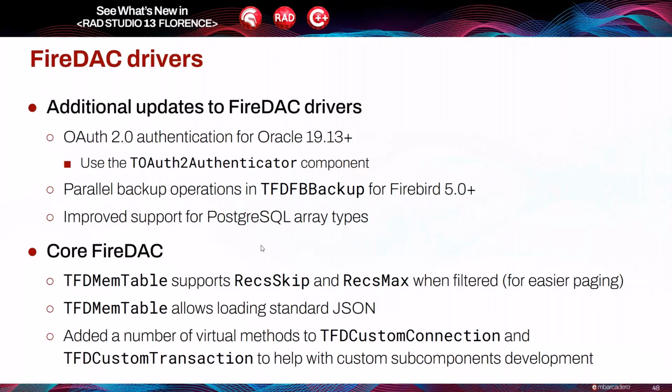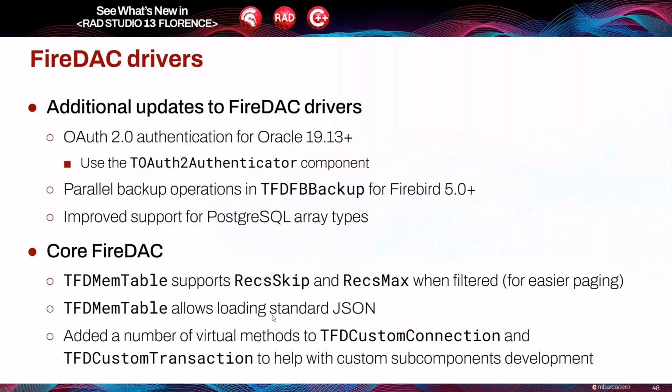We improved support for PostgreSQL array types. On the FDMemTable, now we support RecsSkip and RecsMax for filtering. That's pretty much the properties you use to filter a specific set of records. So in case you need pagination, this has been primarily for WebStencils and stuff like that. These are now available on MemTable as well.